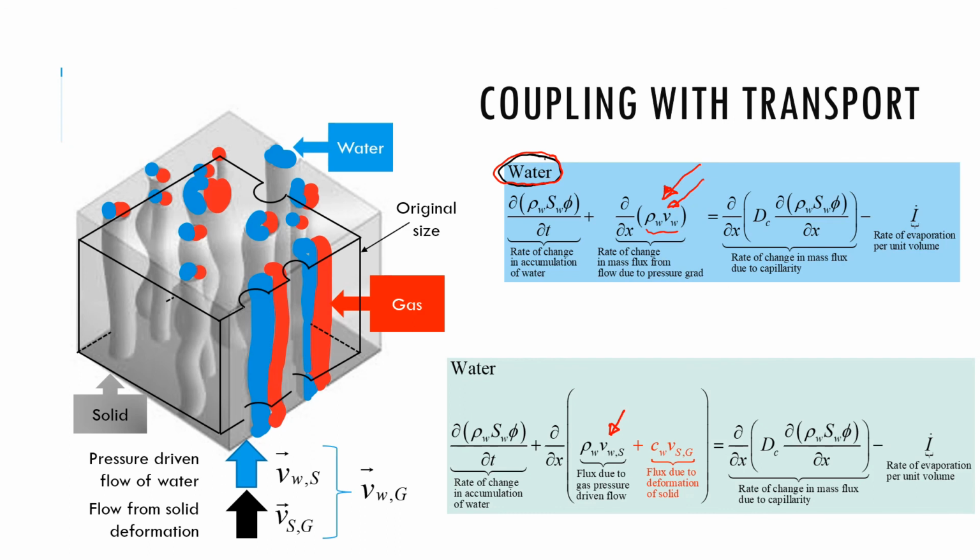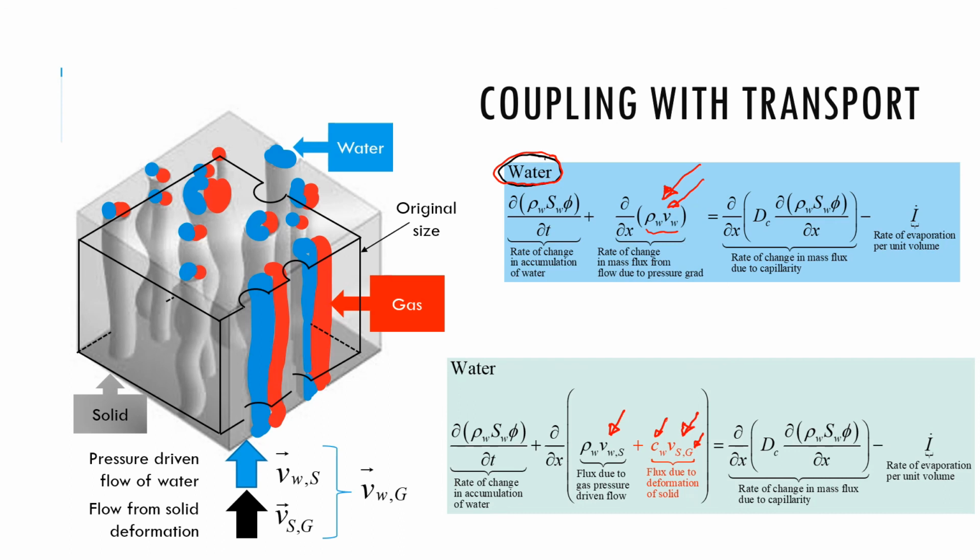Let me clean that so you can still see, and that needs to be modified because there is the added flux due to deformation of solid. The added flux comes from the velocity due to deformation of solid that comes from the solid mechanics that we discussed all this time. And notice that is in relation to ground, and then multiplied by how much water is there, CW. So this is the added flux due to deformation of solid.